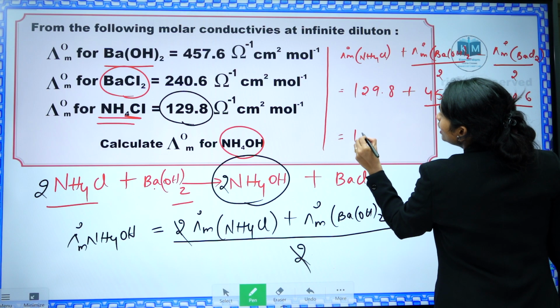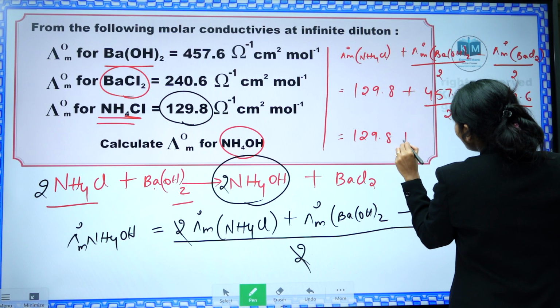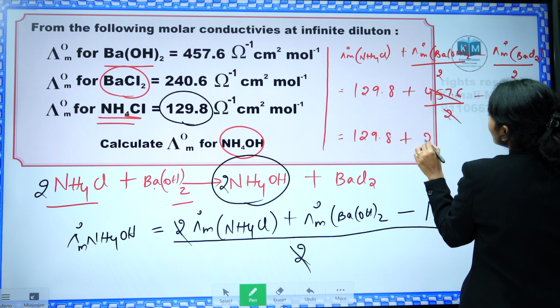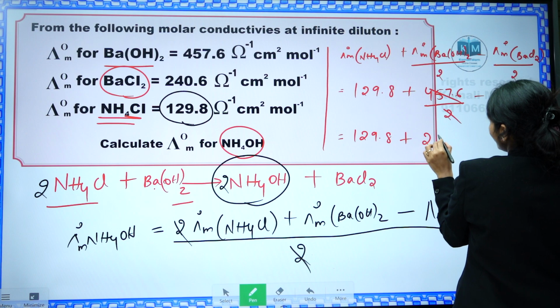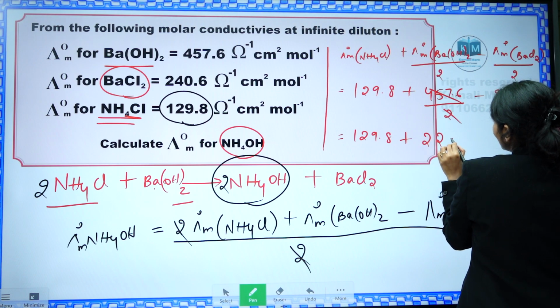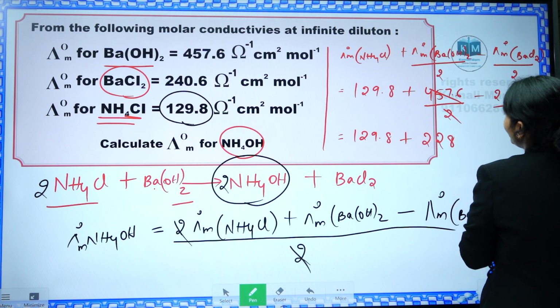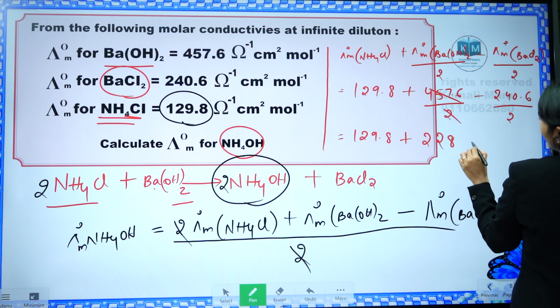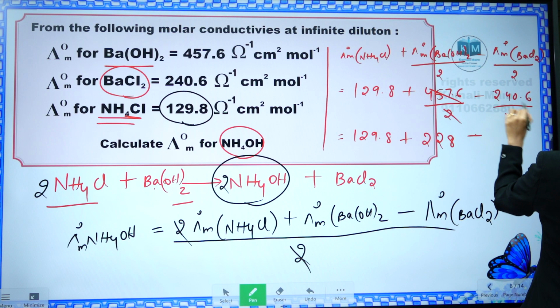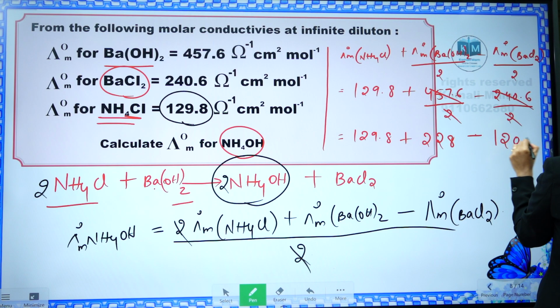Then 129.8 plus, 2 2s are 4, 2 8s are 16, around 228. Okay, 228 minus 120.